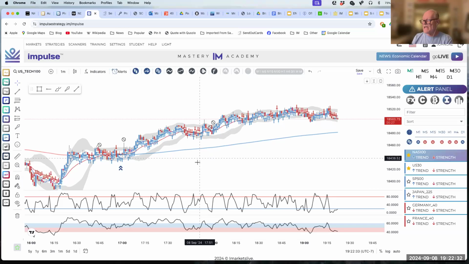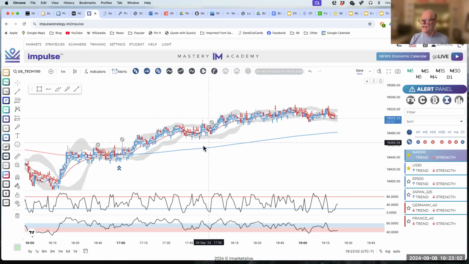So divergence, how you measure it on impulse, is you're looking at the angle of the trend line on the RSI versus the angle of your candles up on the main chart. And when they're going in the same direction, we can anticipate that the trend is going to be in the same direction. When they're in opposite directions, we should be looking for a pullback. And I'll show you an example here.